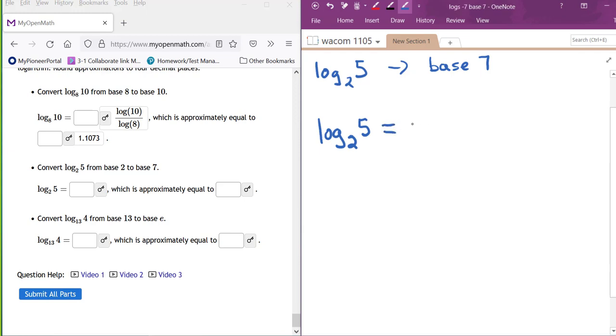And we're going to make a fraction. The log of what you're taking the log of goes on the numerator. The log of the 2 goes on the denominator. And we want base 7, so we will just put 7 on there. Now, this is not going to evaluate in my calculator. This is what they want for the first answer.